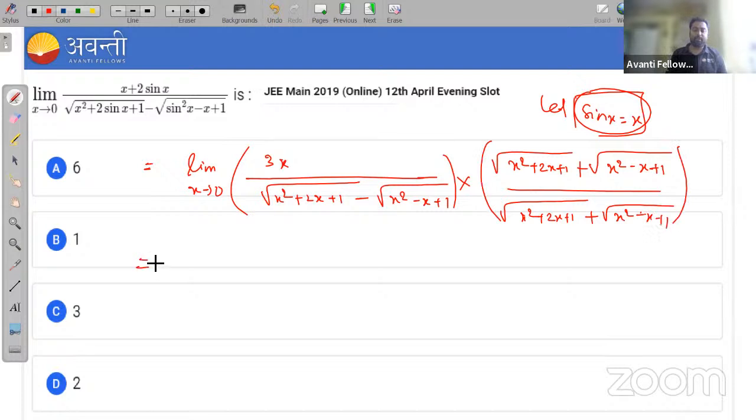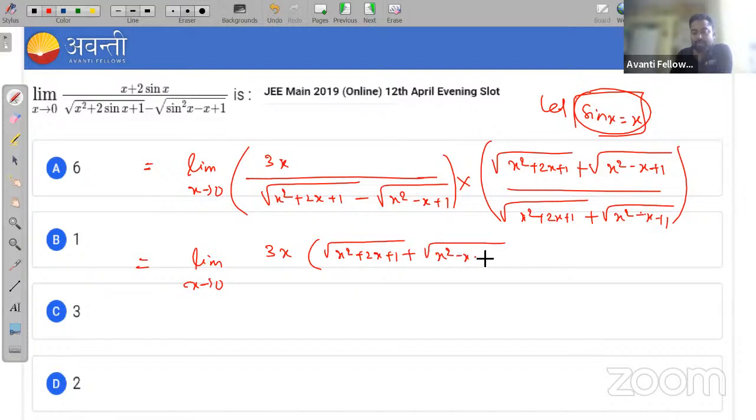Now after rationalization, what are you getting? We are getting limit x tending to 0, 3x into root of x square plus 2x plus 1 plus root of x square minus x plus 1, whole divided by x square plus 2x plus 1 minus x square minus x plus 1.